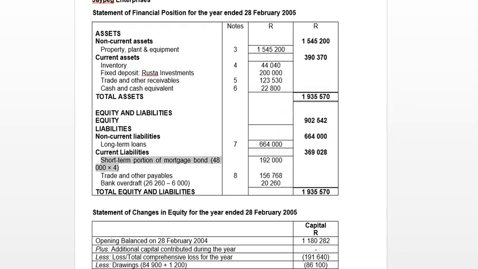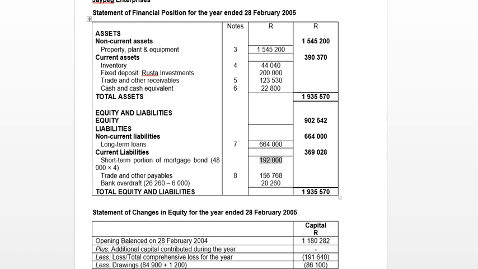But our current liabilities, our short-term portion on our liabilities, is then going to be that 48,000 Rand for the next year, on the 1st of March, the 1st of June, the 1st of September, and the 1st of December. So the short-term portion of our mortgage loan is then 192,000 Rand.